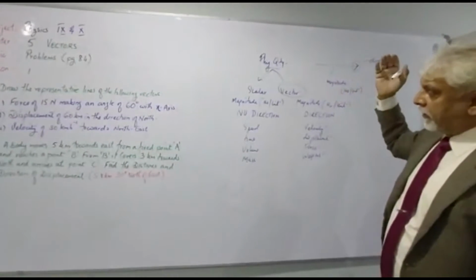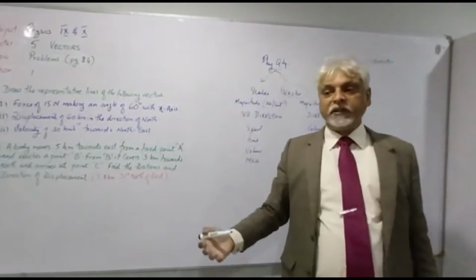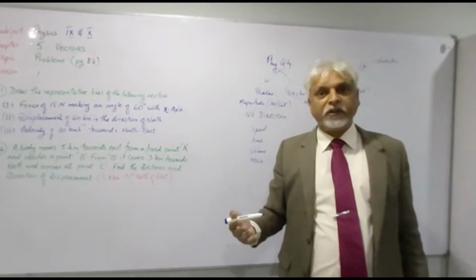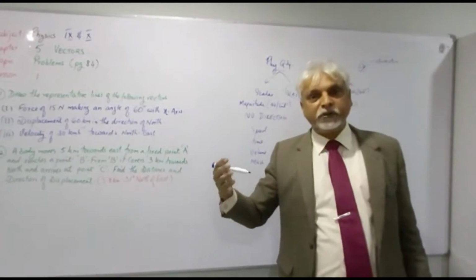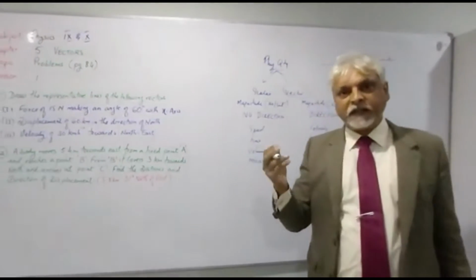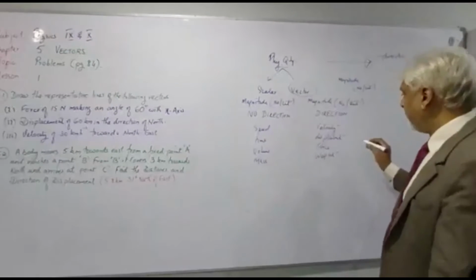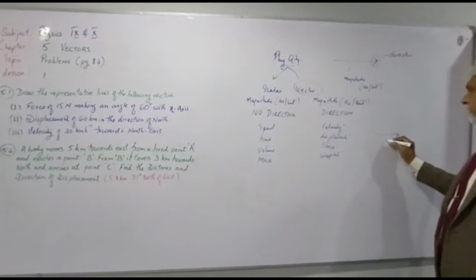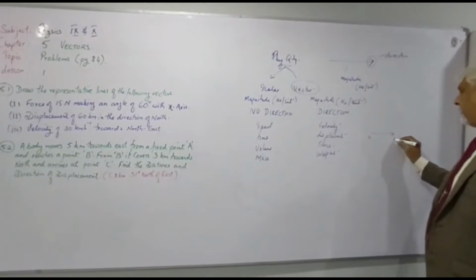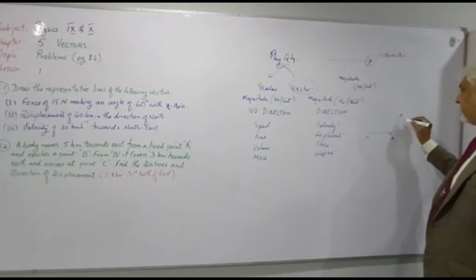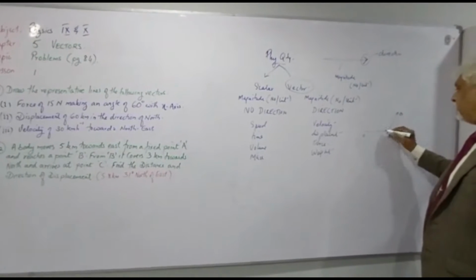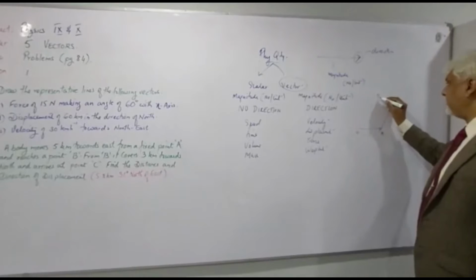And remember, when you are adding two or more vectors, they are always added following the rule of head to tail. If you have one vector acting along this direction, let's say from O to A, then the next acts from A to B, head to tail, and then B to C, this way head to tail.